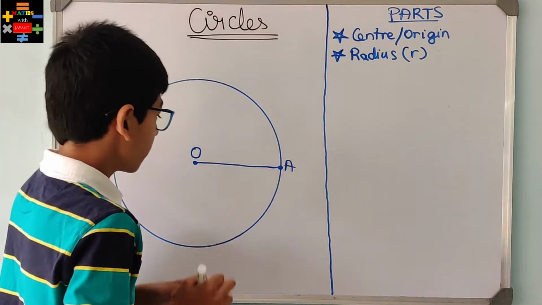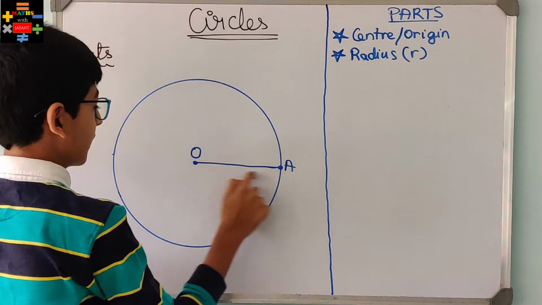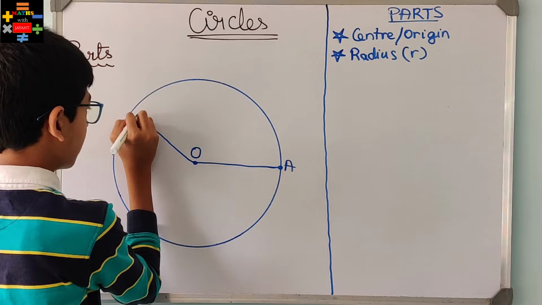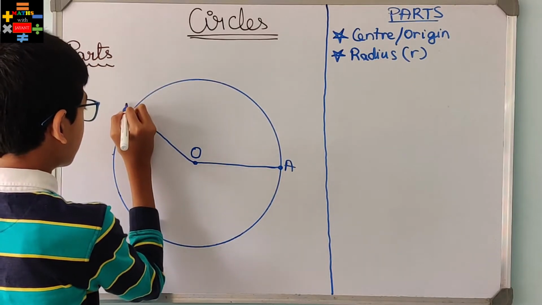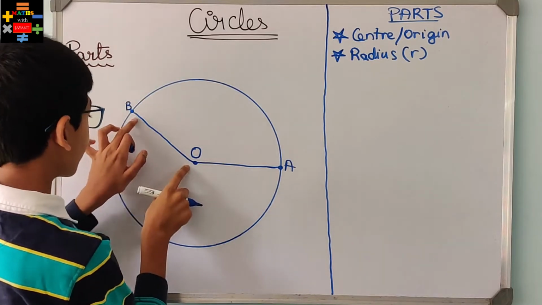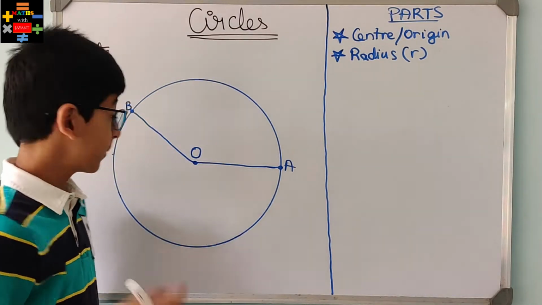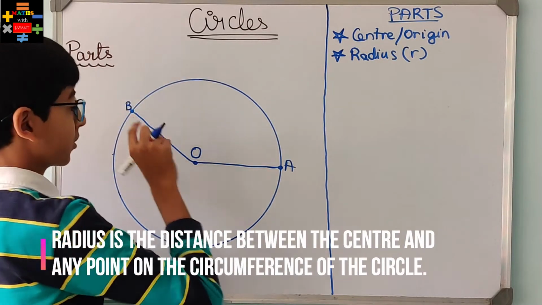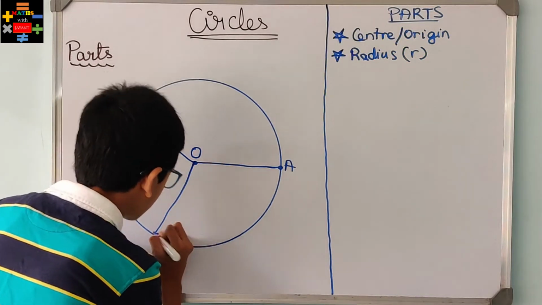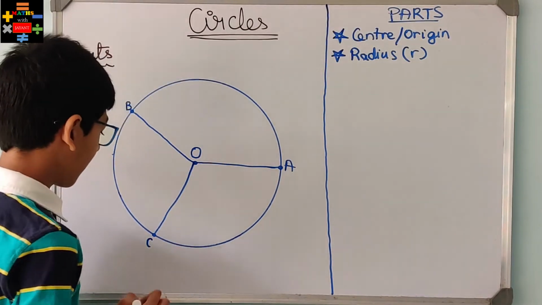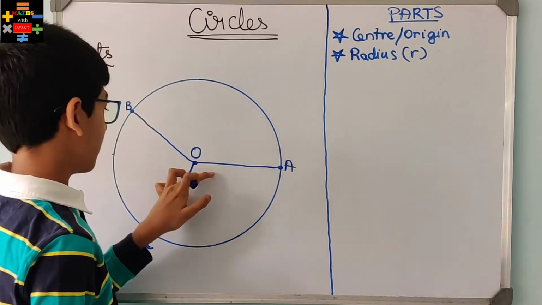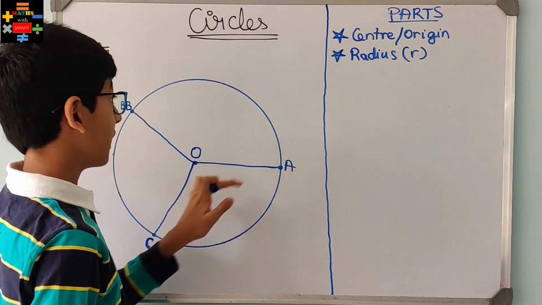Okay. So look at this radius. I made a radius OA. Let me do another thing. I'll make another radius like this, connecting to this point. So now this becomes length OB. Can I call this also the radius? Yes, I can. Why? Because it connects the center to any point on the circumference. Let me make another radius, joined to C. Now you see, all of these are radii.